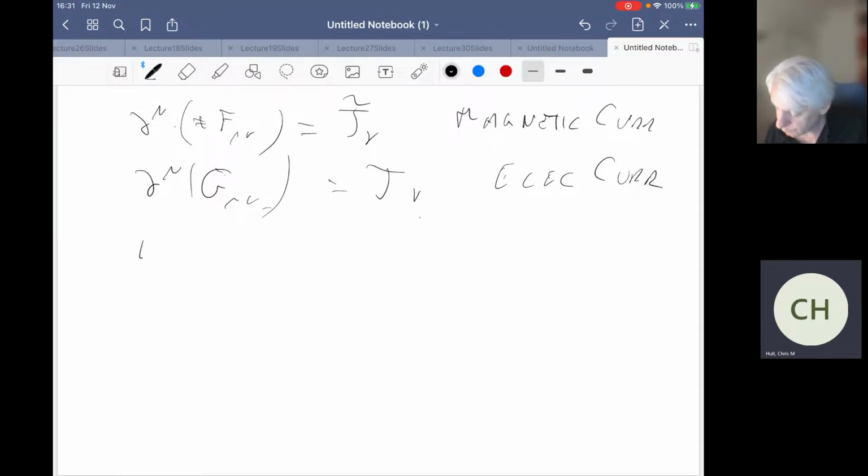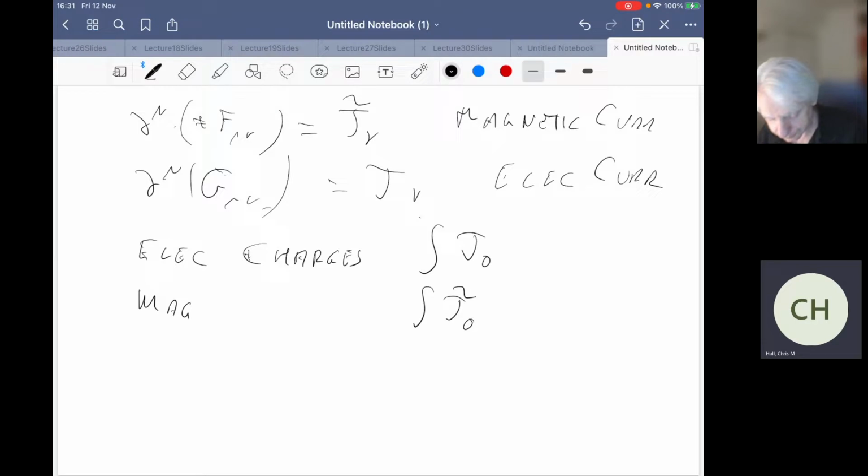So we get electric charges from the integral of J0 and magnetic charges from the integral of J0 tilde.